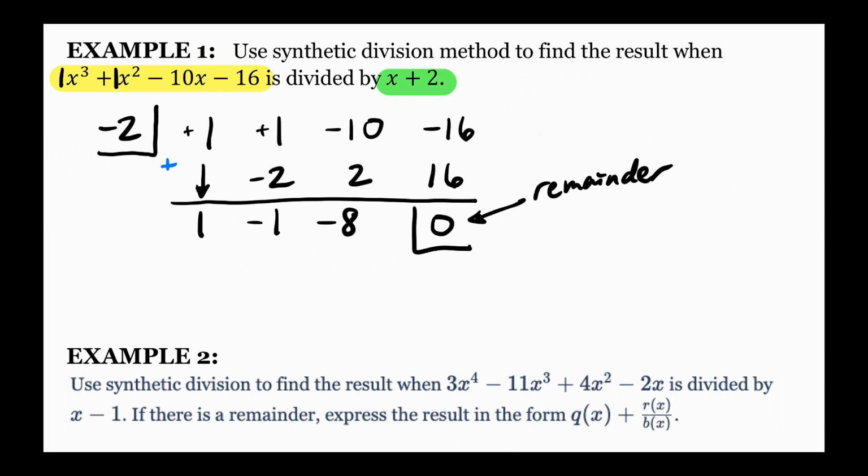Watch what I do. I'm going to bring down the -8. I'm going to bring down the -1. And I'm going to bring down the +1. Okay, so the -8 took the place of the -16. We start from the end, right? So the -16 didn't have an x, right?